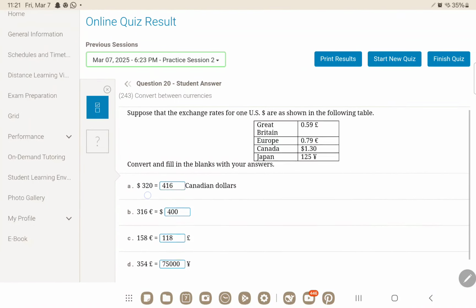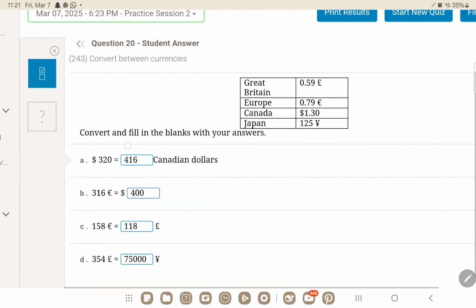This is all about currencies and converting. So it's really easy to do. Now these are how much $1 is equal to in each of these currencies. Now $320 in Canadian dollars.